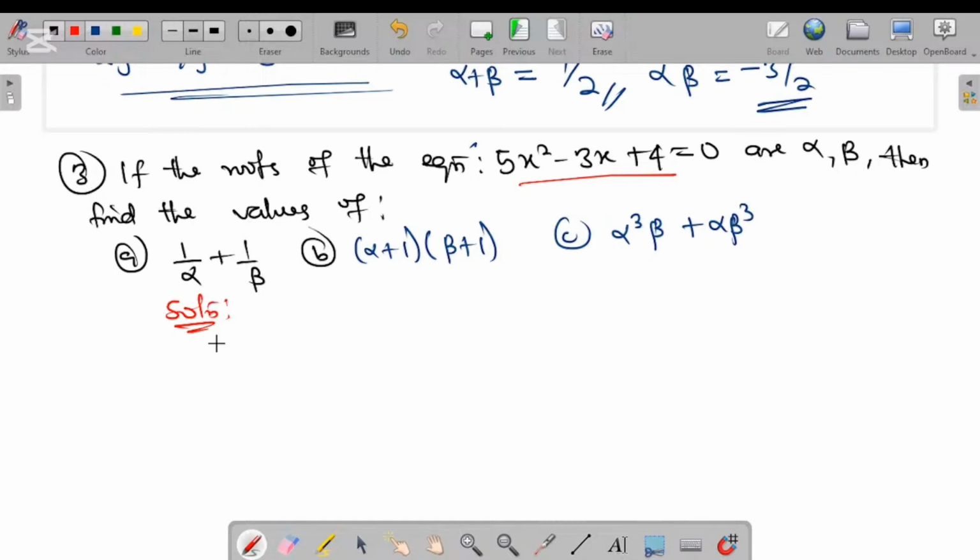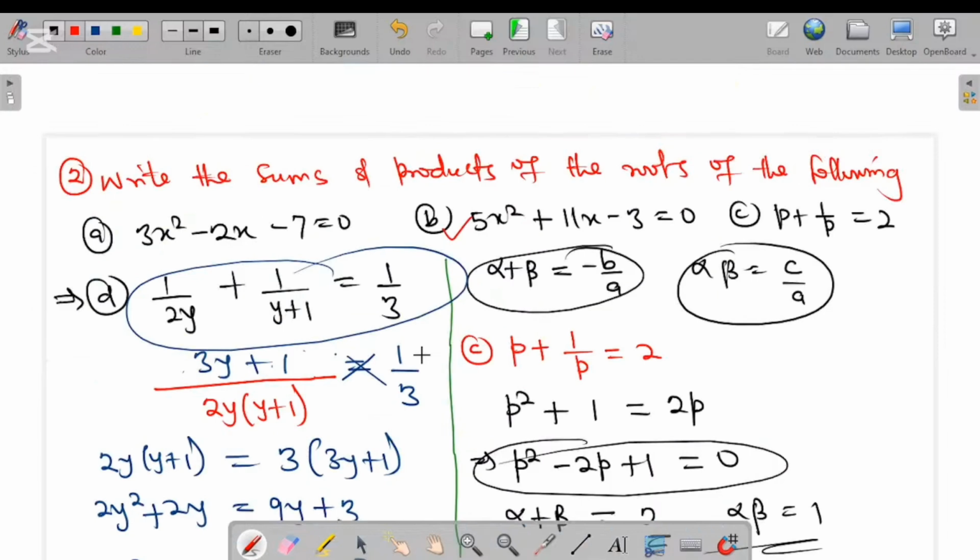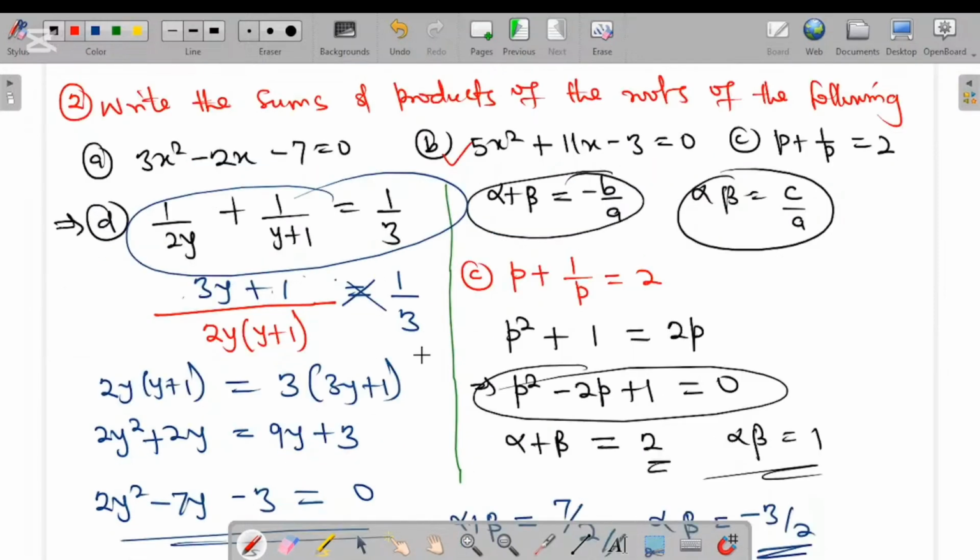How are you expected to handle this kind of question? Now you are still going to make use of the concept of symmetric properties. All these things that we saw under symmetric properties of roots, that's what is going to help you here.